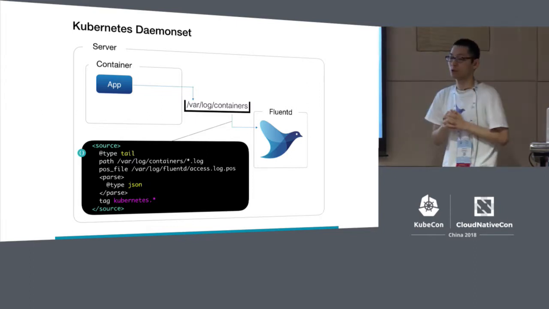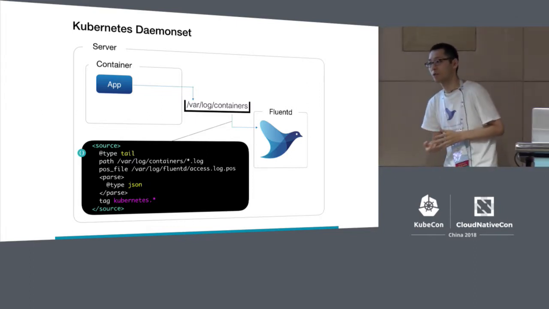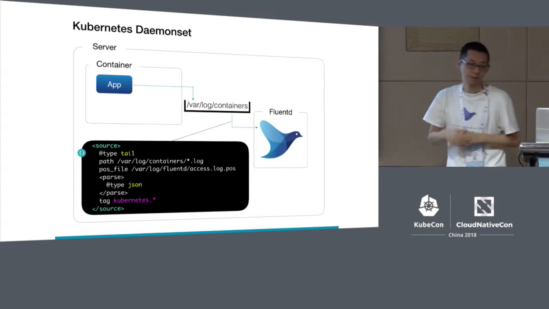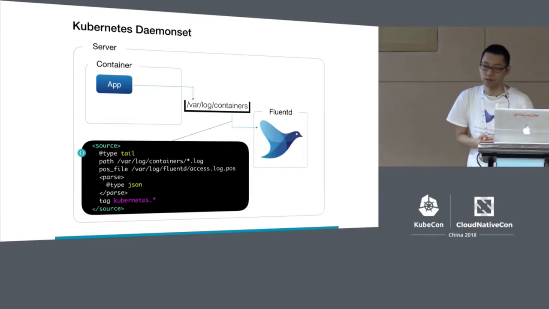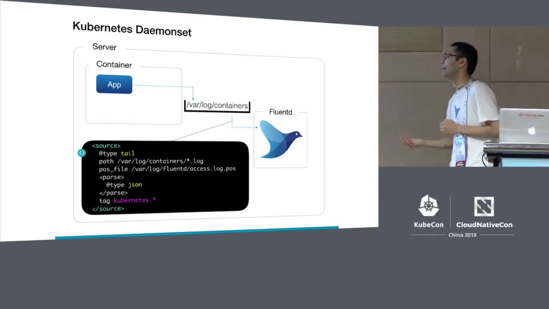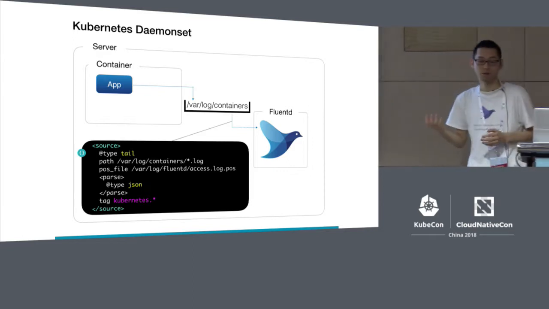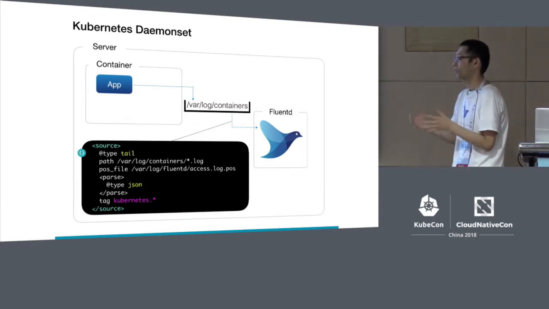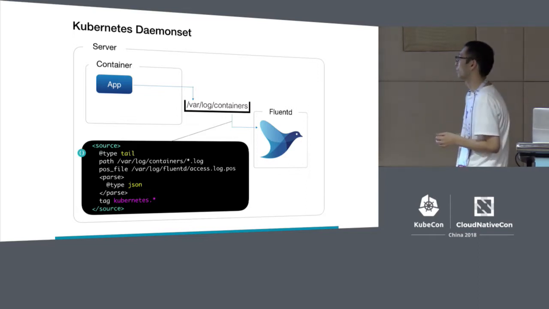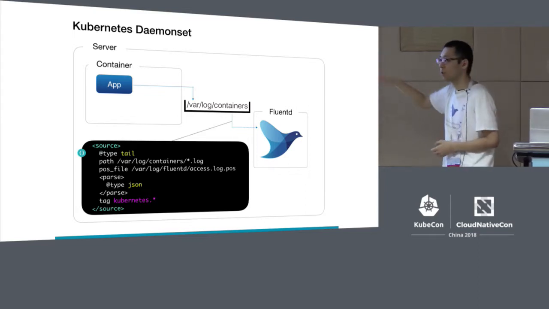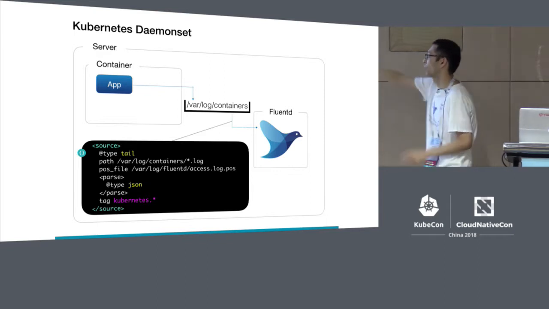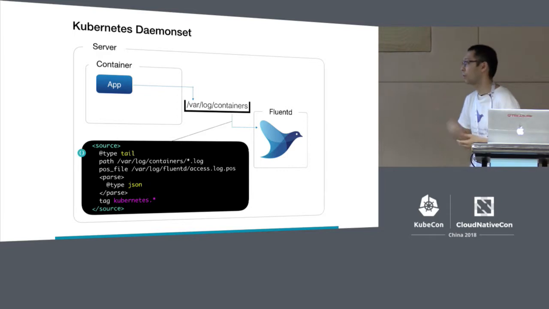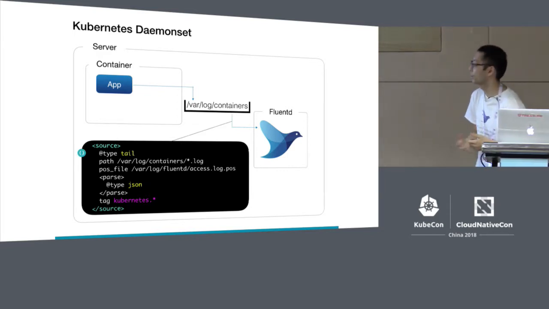And on Kubernetes, Fluentd provides DaemonSet images for the Kubernetes environment. This DaemonSet also uses a similar shared data volume approach, because on Kubernetes the container logs are stored under the var containers directory. As I said, the Docker logging driver and other approaches can't be used on Kubernetes.